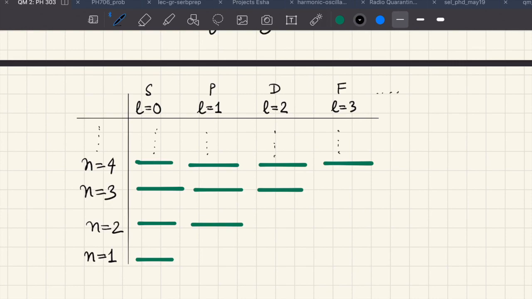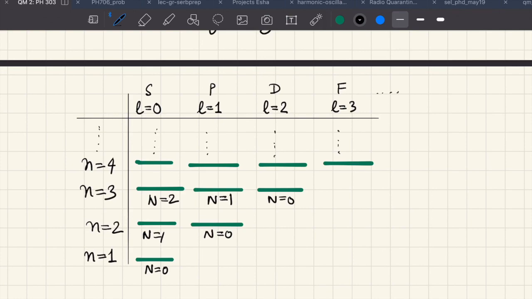So this is your N equal to 0. Then you can have N equal to 1 and N equal to 0. You can have N equal to 2, N equal to 1, N equal to 0. Corresponding to, of course, you have to remember you have fixed these L's here.